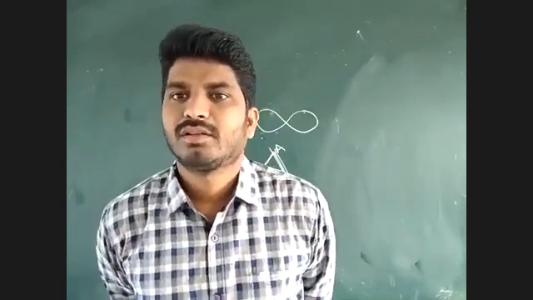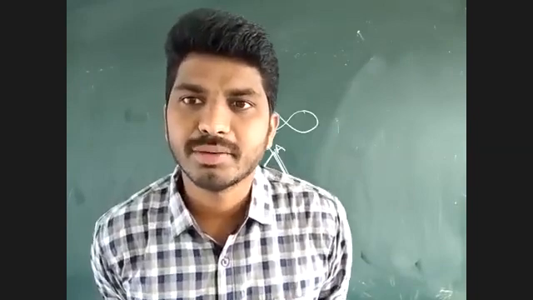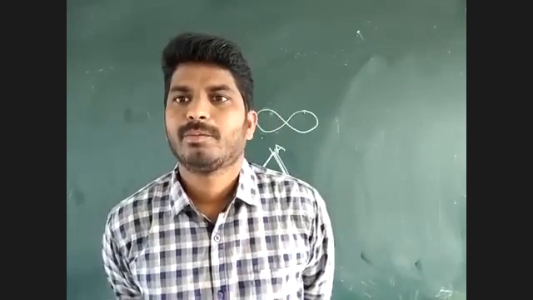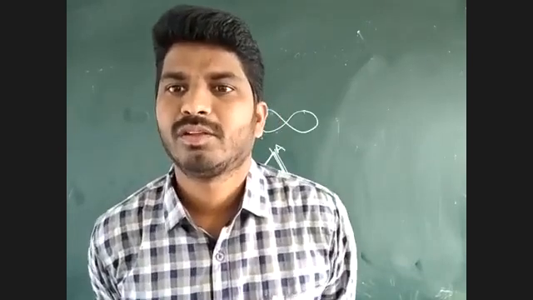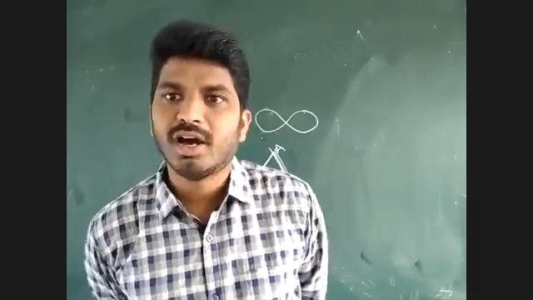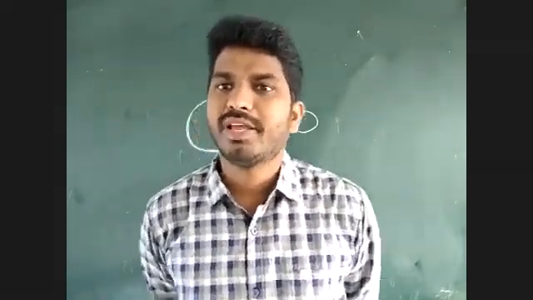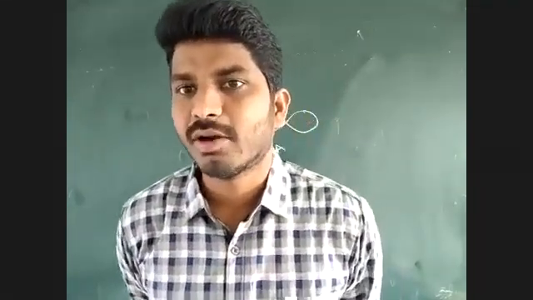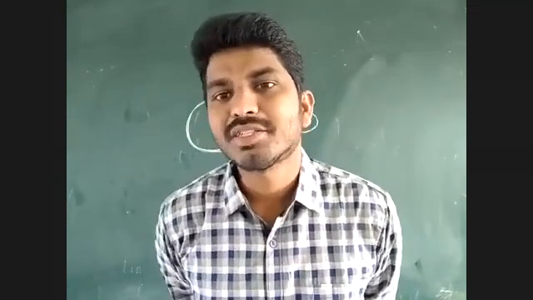Yes, sir. Now tell me, what is meant by similar? Having same shape but different sizes. If two figures or two objects have the same shape but different sizes, then it is called similar. Then what is meant by triangle?